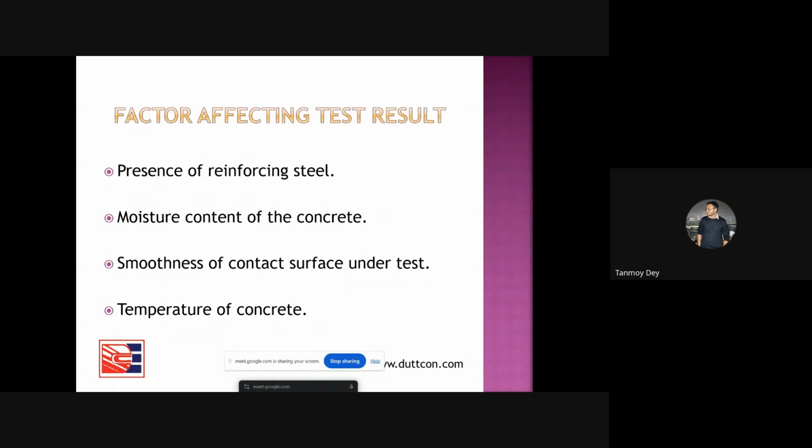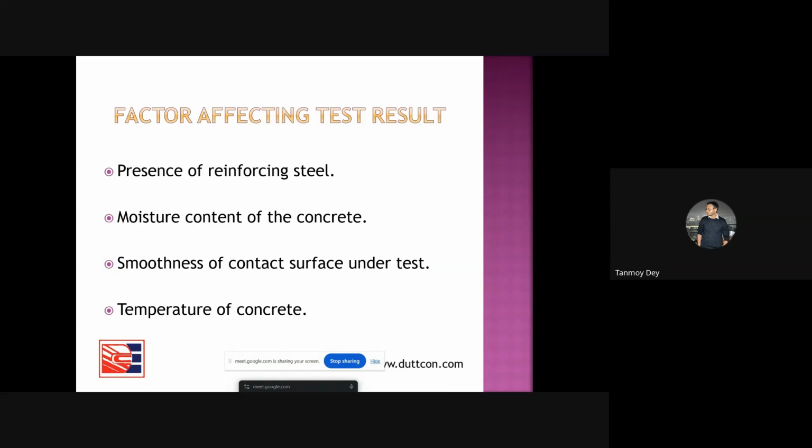Now, in UPV, we are measuring the velocity of sound through concrete. Whatever vibration we are sending goes through the concrete, and we are determining whether there is any crack in the concrete or not.